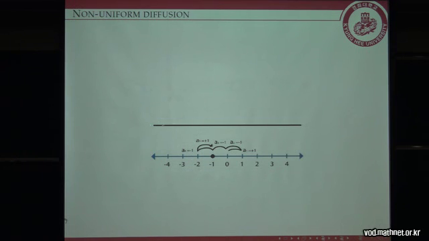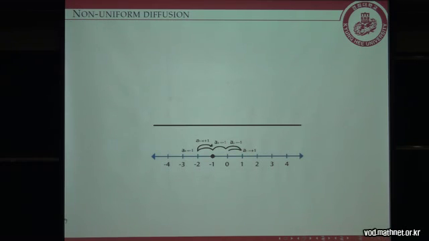If this is some level of food density, and some bacteria is located at this point, then this one is happy, right? It has enough food, so they just hang around.